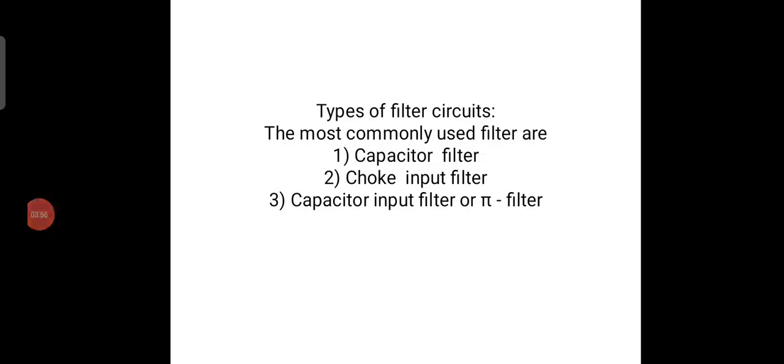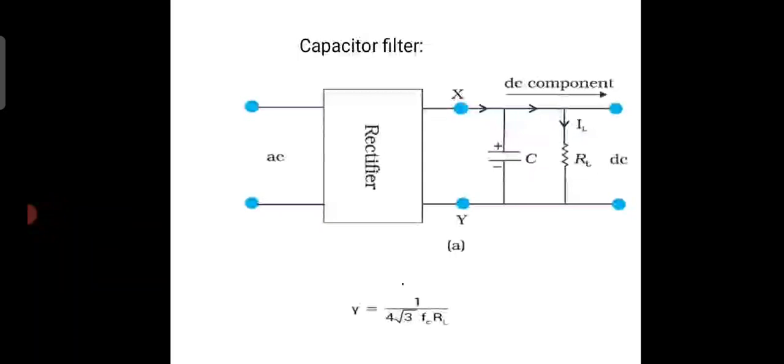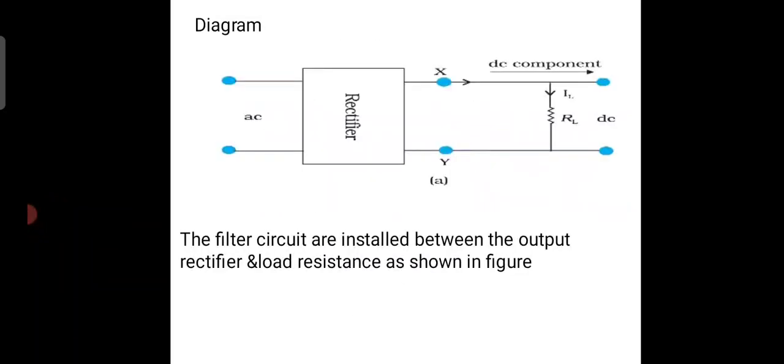Okay, let us take the three commonly used filters in detail, and the first one is the capacitor filter. In the last circuit diagram, we had seen a rectifier at points X and Y, then a filtering circuit, and then the DC component exists.